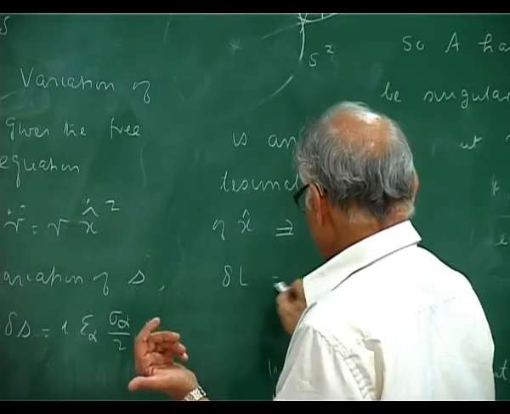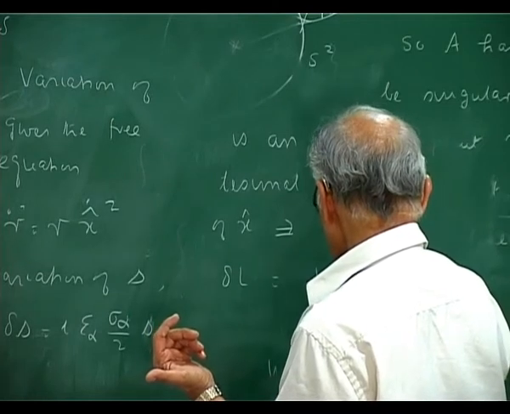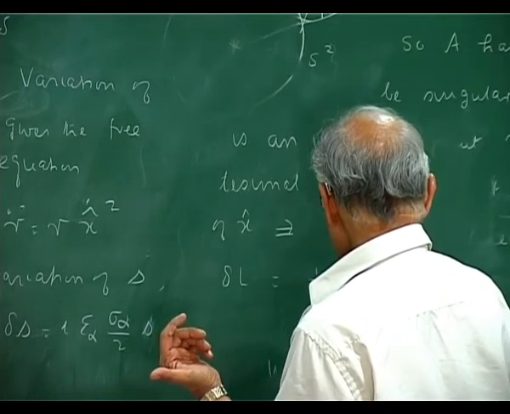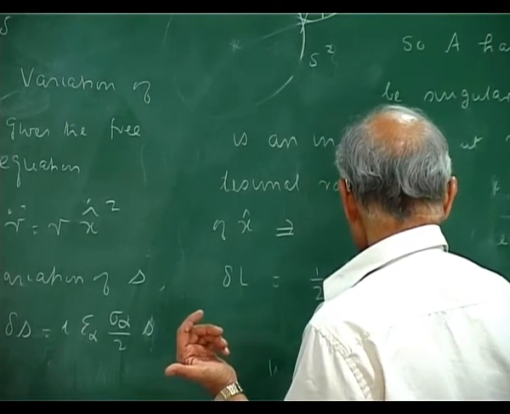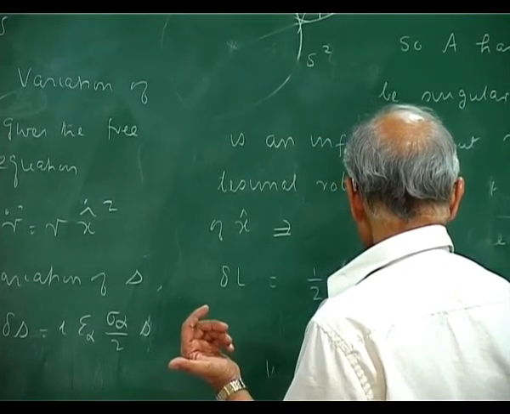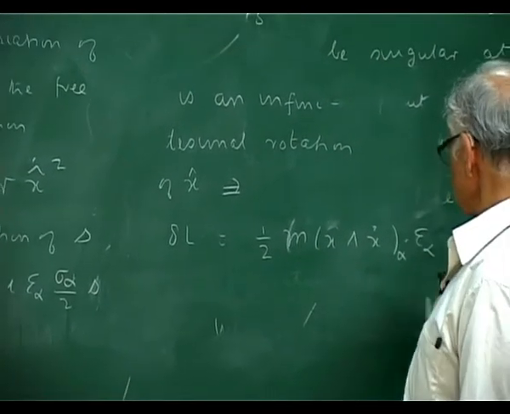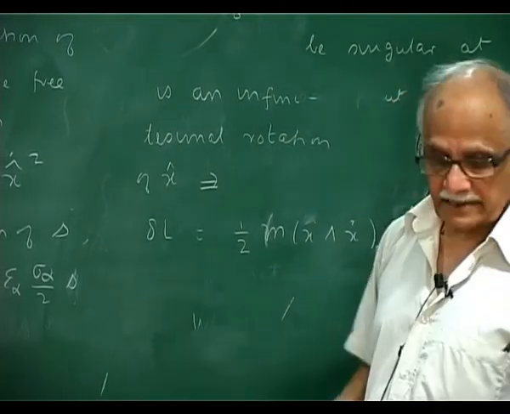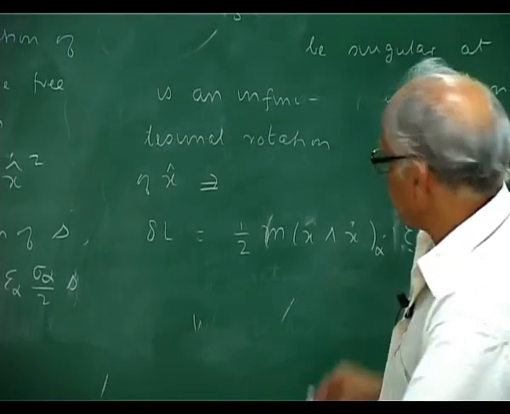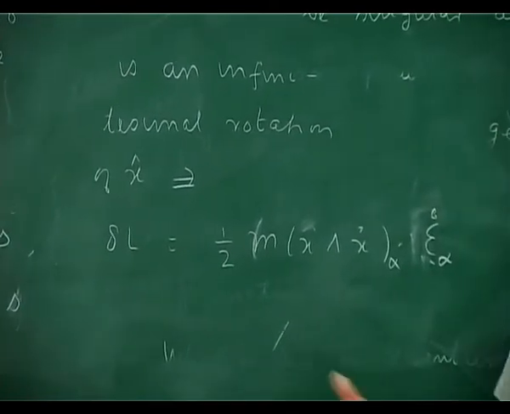So from the first term I will get the standard angular momentum, 1/2 m x hat cross x dot, times epsilon alpha dot. This is alpha, times d epsilon alpha, the time derivative, because the equation of motion for a free particle is the statement that orbital angular momentum is conserved.